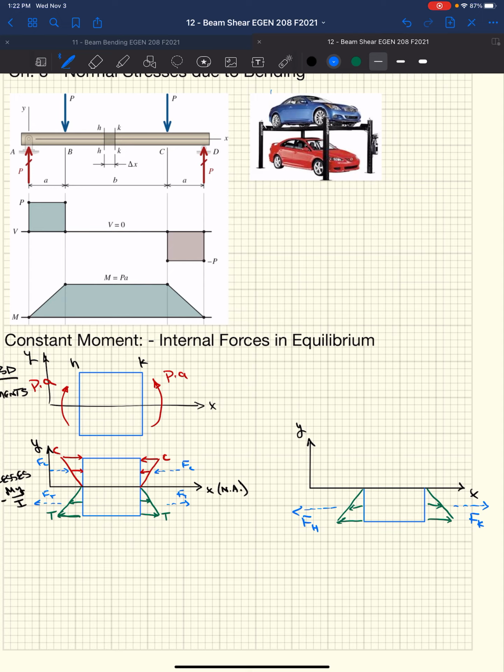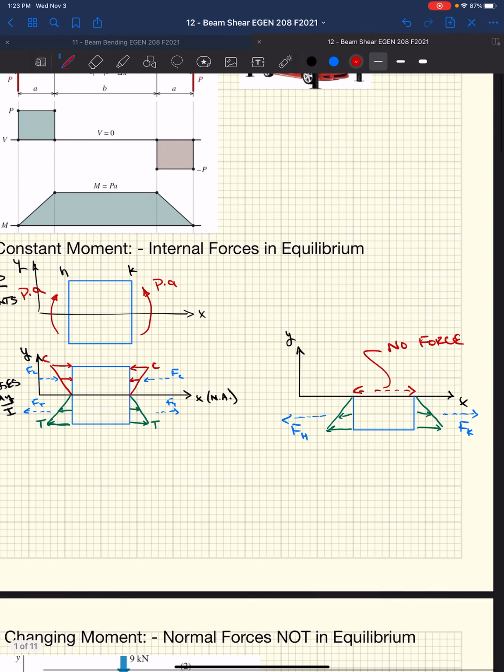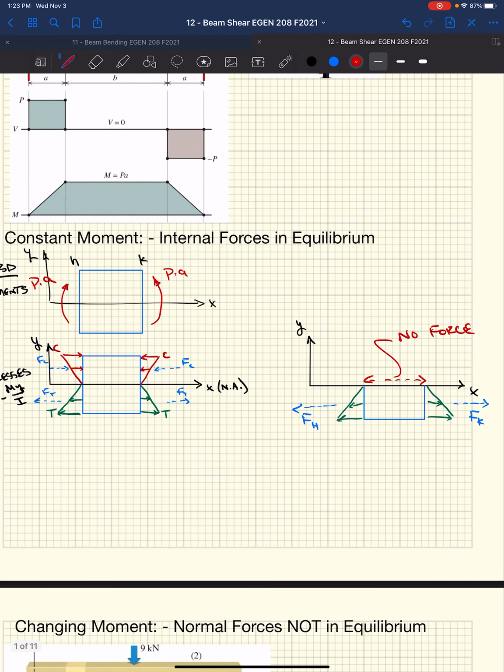And regardless how we cut this beam, it still has to maintain equilibrium, right? I mean, if the forces are not equal, this thing is going to be flying off into space. Well, right now, if we look at this cross section under constant moment, those two forces, Fk and Fh, are equal to one another. Right?